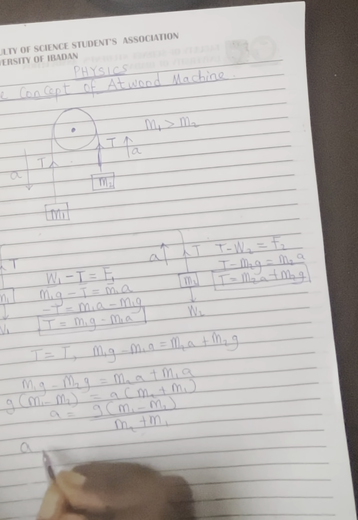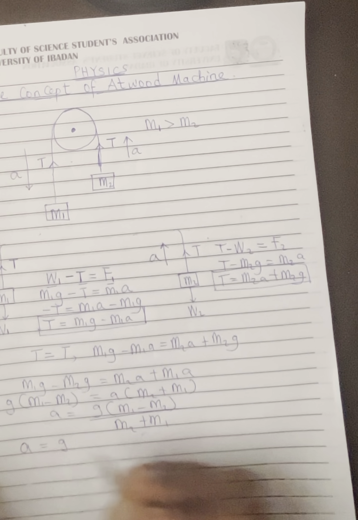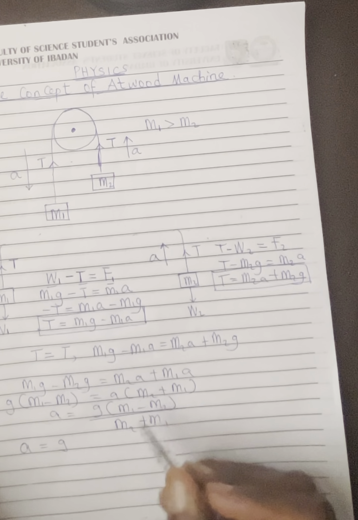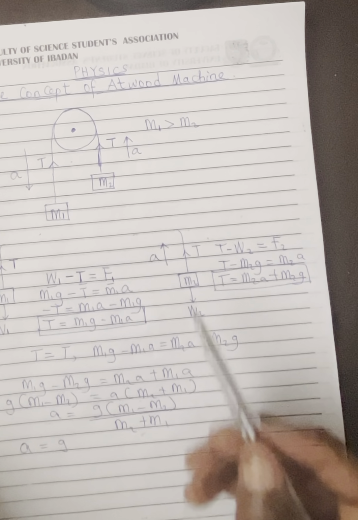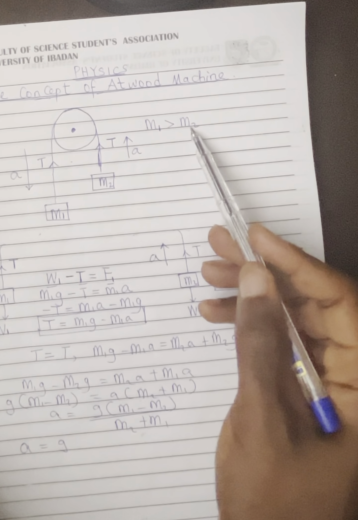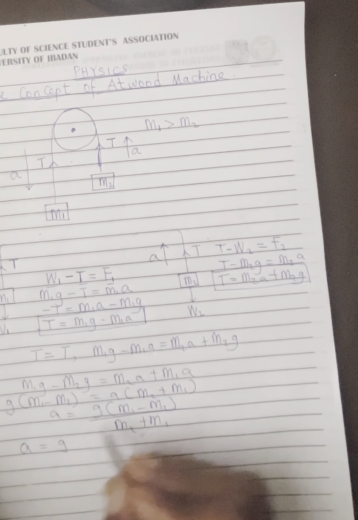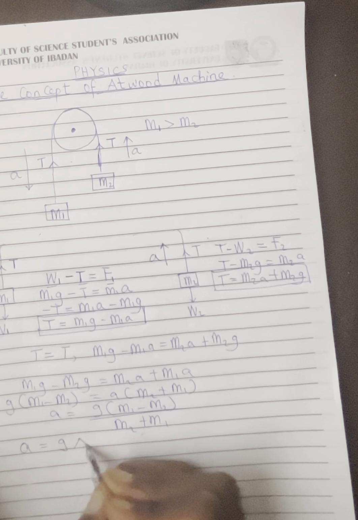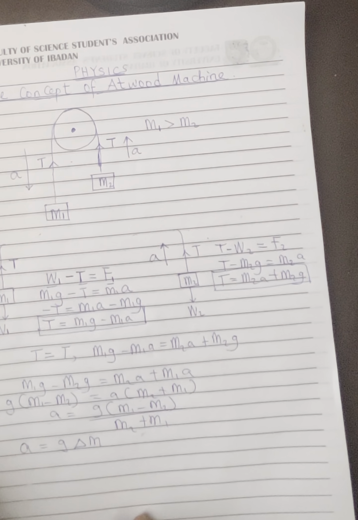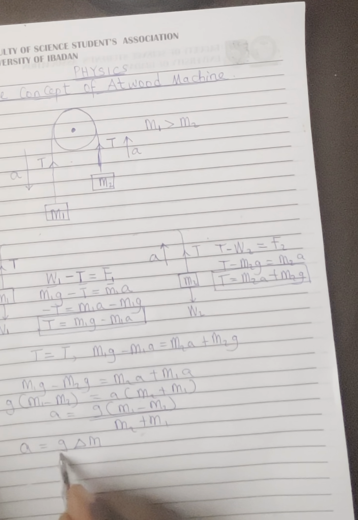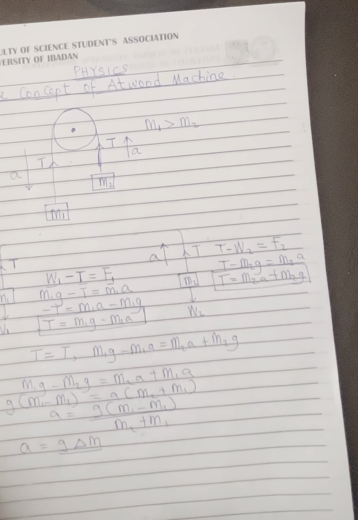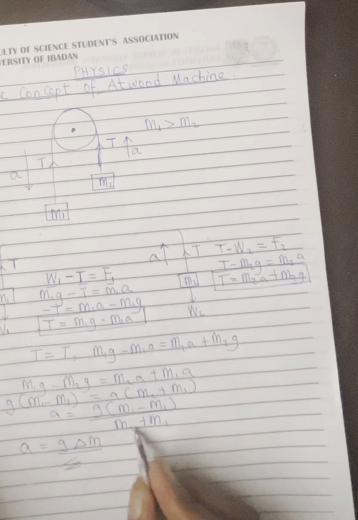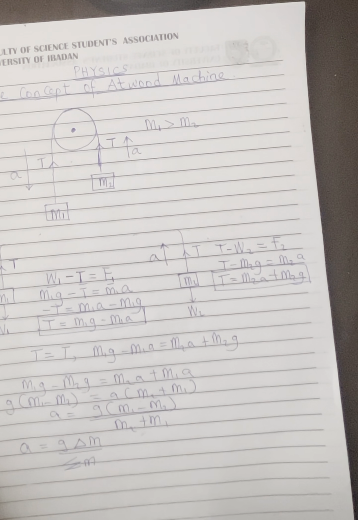Now, to generalize it, I can say A is equal to G. This is saying the difference between the masses, that is, subtract the lower mass from the higher mass. So I can say this is the change in mass of the bodies divided by the summation of the masses, where I start from 1 and end at 2 because we have two masses.